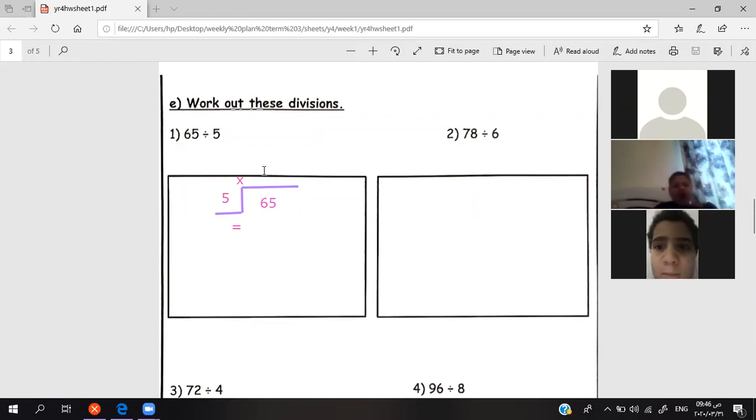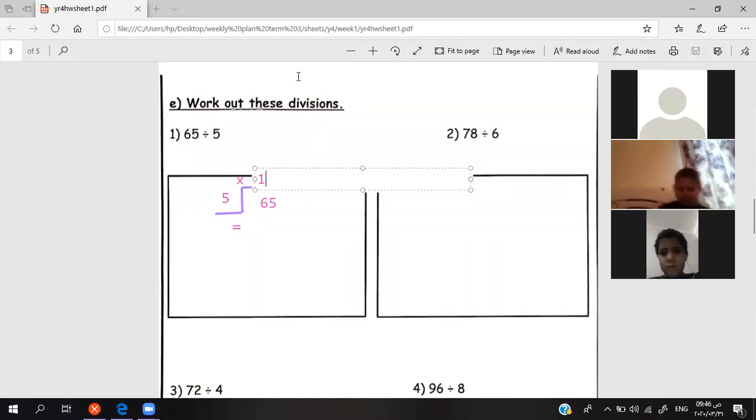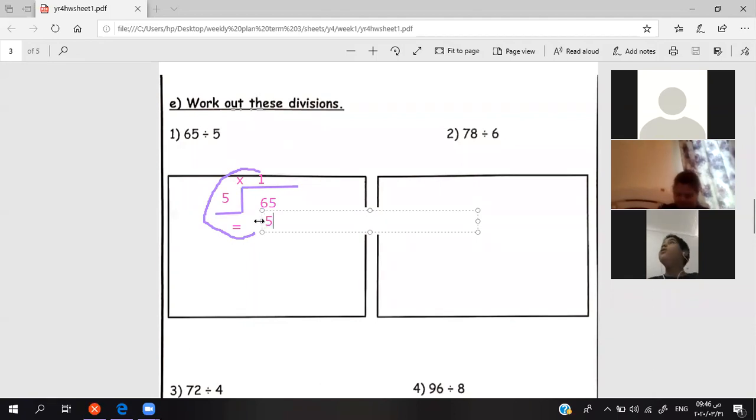Okay, let's multiply. What times 5 gives me 6? If I know the timetable of 5, the number just before the 6. Yes, it's 5, because 1 times 5 gives me 5. So here I will write the 1, and I start. 1 times 5, and I write the equal here. It's going to be a 5. Like this, I multiplied and I wrote my answer.